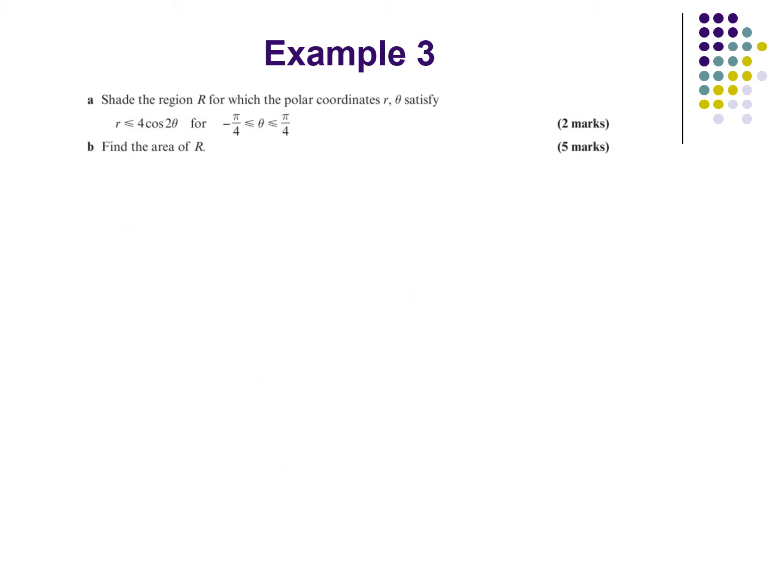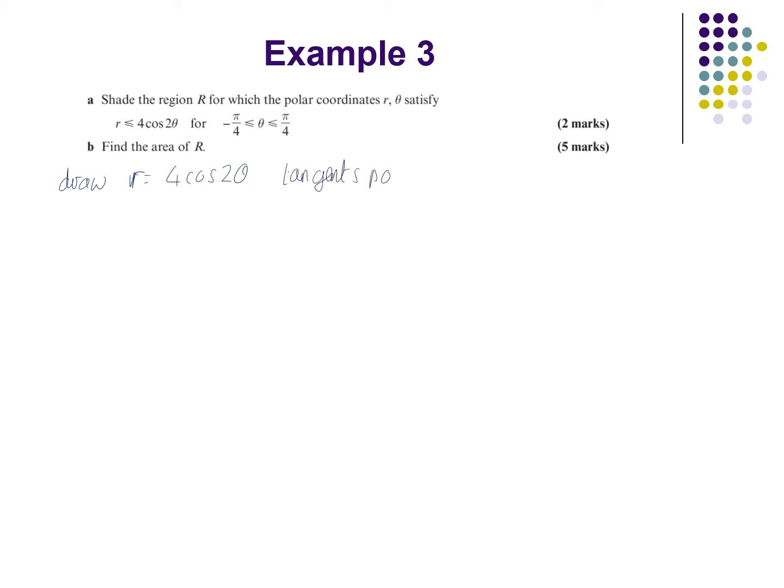Shade the region R for which the polar coordinates r, theta satisfy that. So what I'm going to need to draw first is I'm going to need to sketch r equals 4 cos 2 theta. So I'm going to think about where my tangents to the pole are.